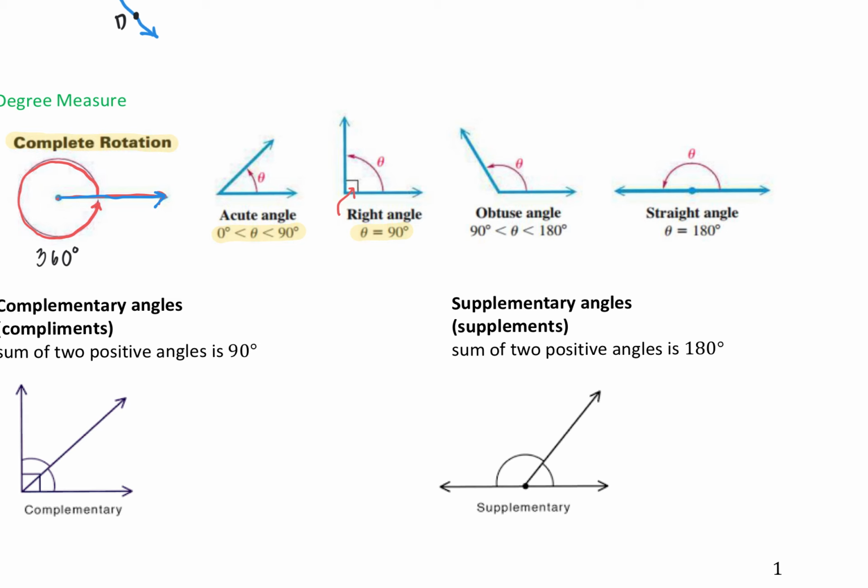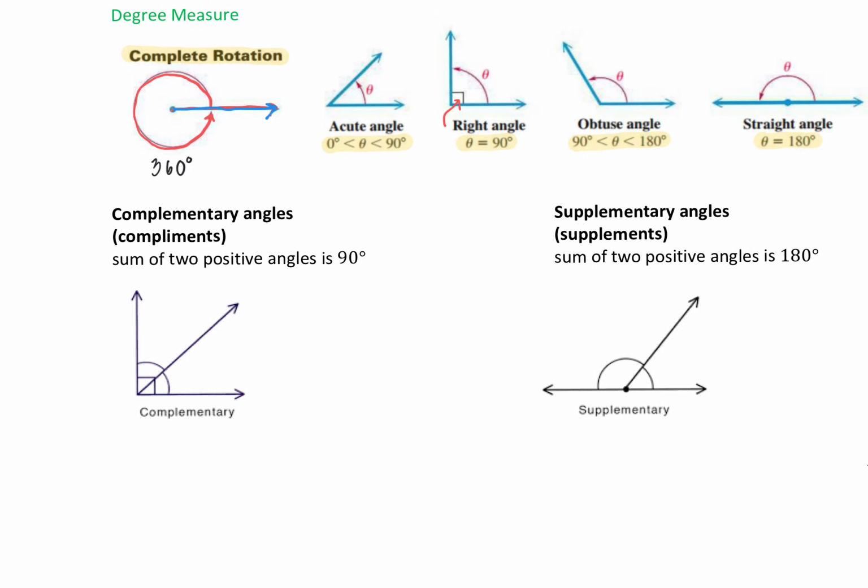Whenever you see the box in reference to an angle, you know it's a right angle. If our angle goes from 90 to 180 degrees, that's an obtuse angle. And if you have an angle that's equal to 180 degrees, that would be what we call a straight angle.